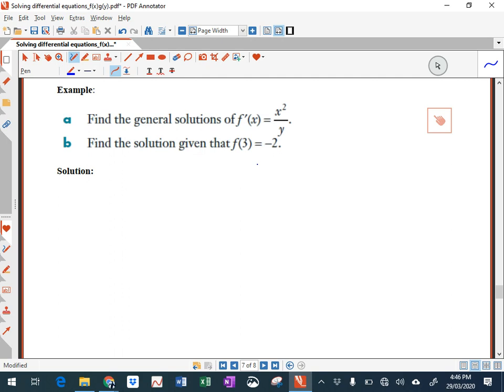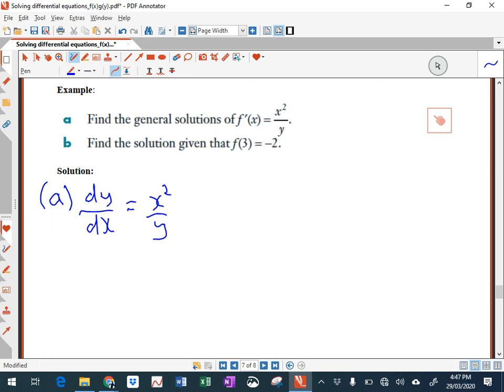So find the general solution of f dash of x equals x squared on y. All right, so I'm going to switch to the other pen for this to make it faster. Part A, you've got dy/dx equals x squared on y.